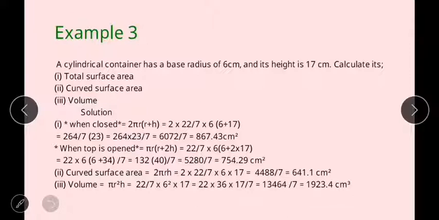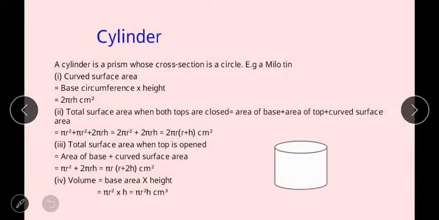Now, question 1. To calculate the total surface area when the cylindrical container top was closed, don't forget, the formula to do that has been given in the previous slide, and this is it.